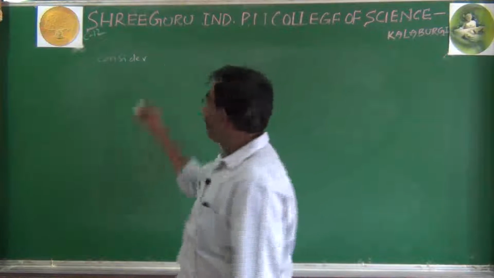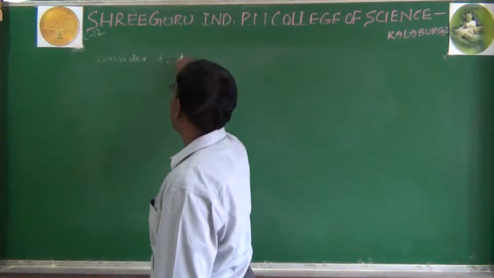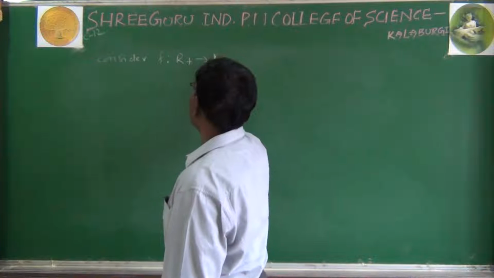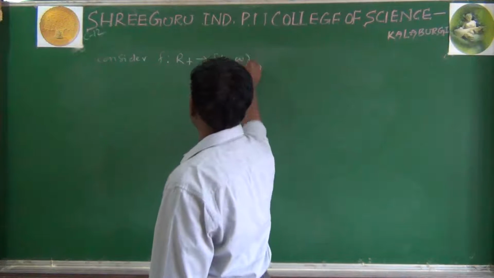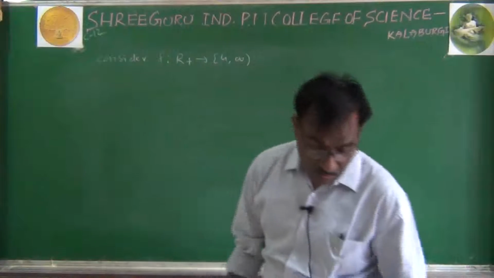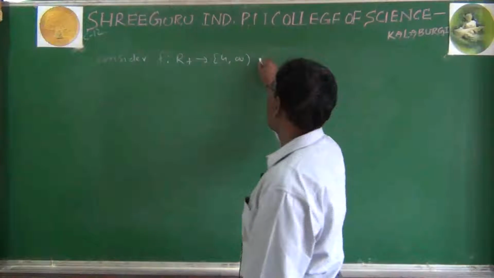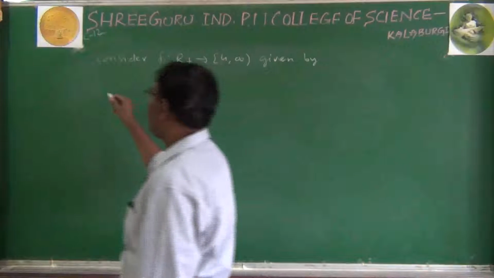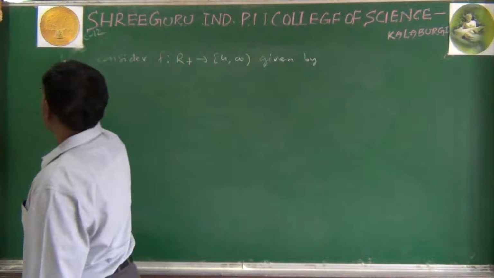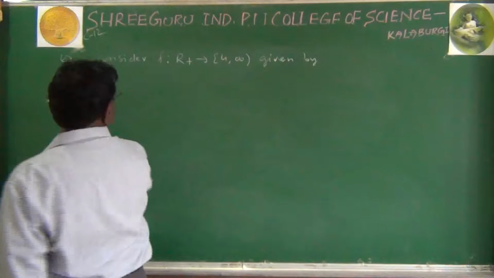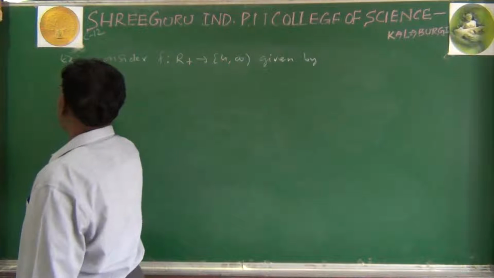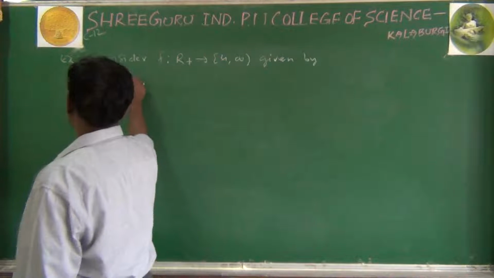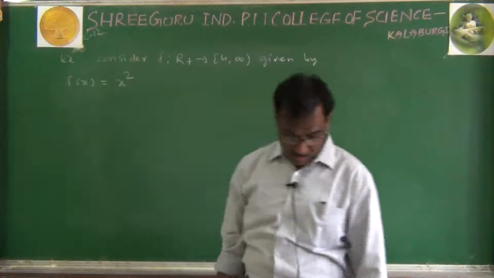Consider f from R plus to [4, infinity) given by f of x equal to x square plus 4.